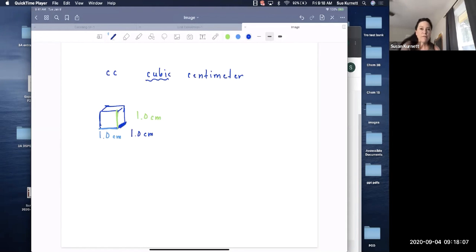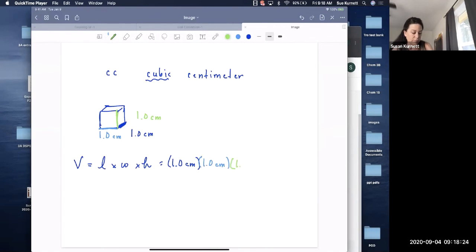If I wanted to know what the volume of that was, I would take the length times the width times the height. And I would get 1.0, 2 sig figs times 2 sig figs times 2 sig figs. My answer should have 2 sig figs. And centimeters cubed, because centimeters times centimeters times centimeters is cubic centimeters, just like x times x times x would be x cubed.